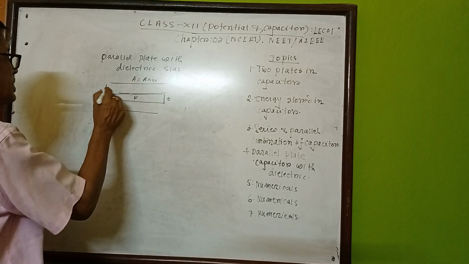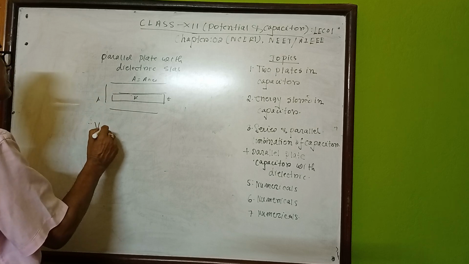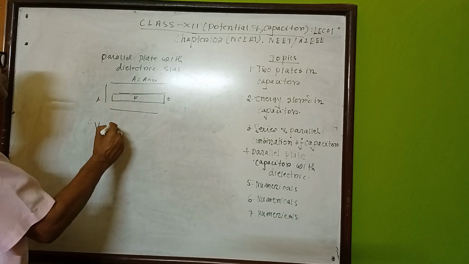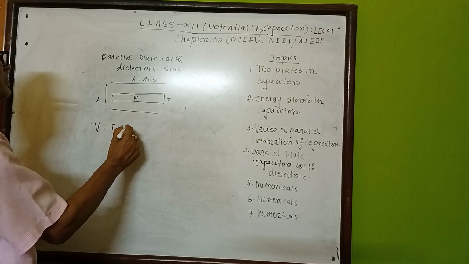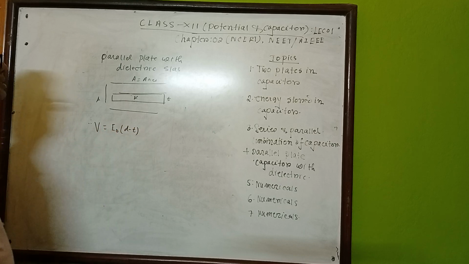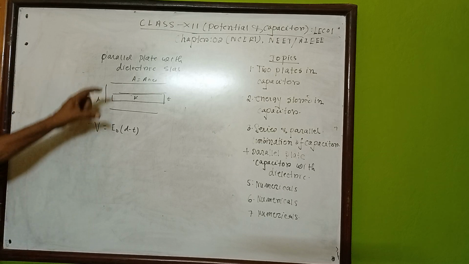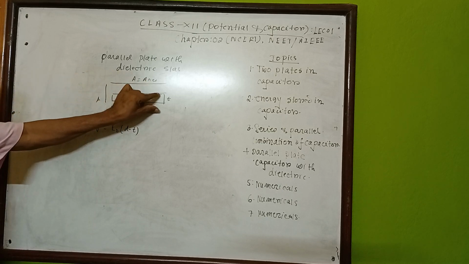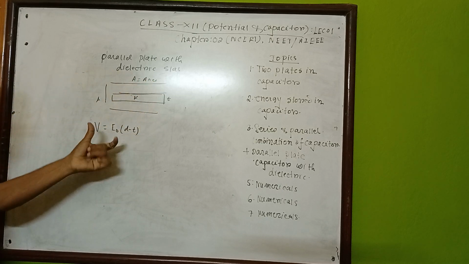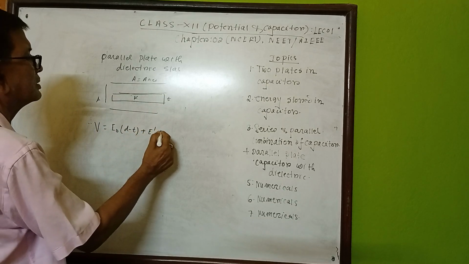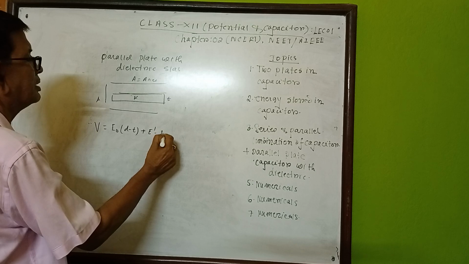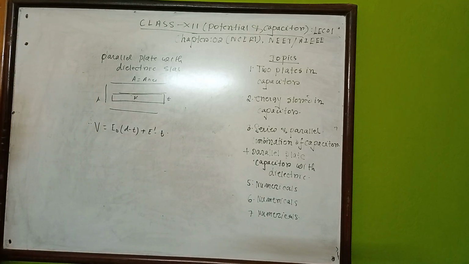Now total potential, you write total potential equal to potential for the air, so you are getting E0 into D minus T. Clear, V equal to E0, for that air it is D minus T, that is for air, and other is E prime into T. Now children, E prime why?